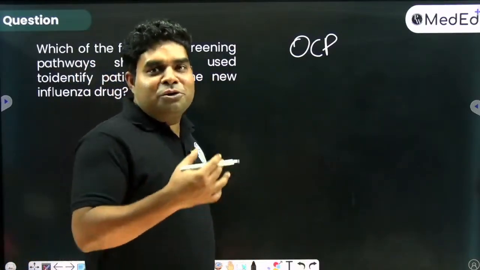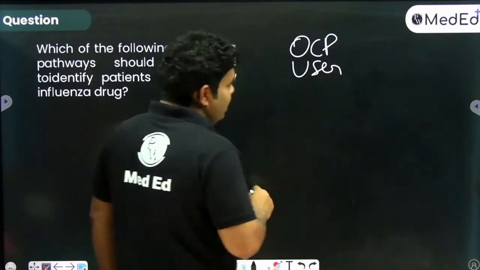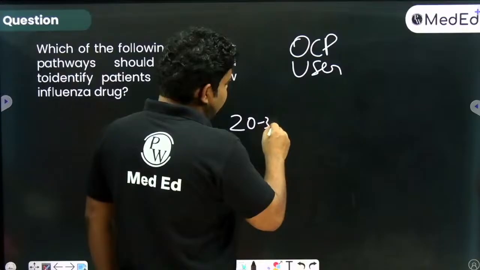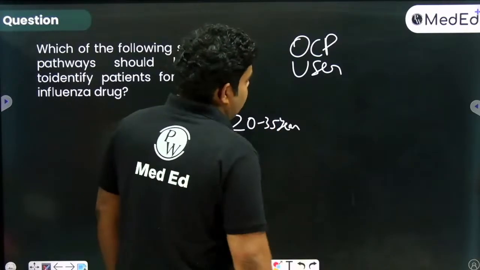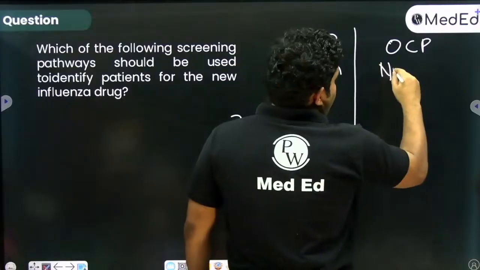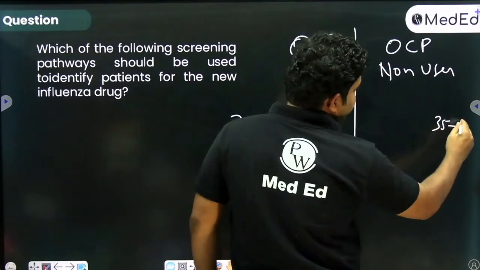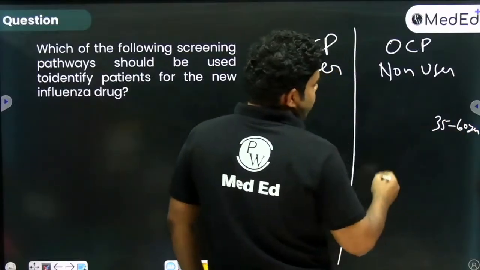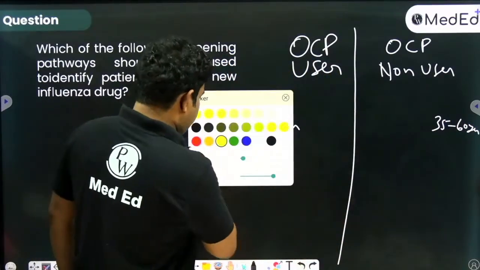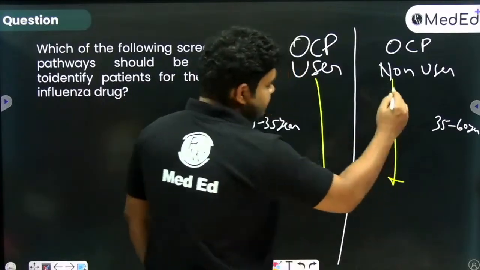So what I will say to Dr. Sahitya is, in the OCP user group, take those females who are between 20 to 35 years of age, and in the OCP non-user group, take those females who are between 35 to 60 years. And automatically, you are trying to know which will have more breast cancer.